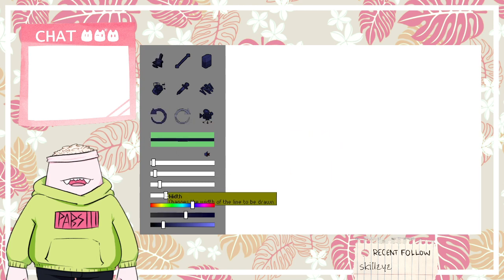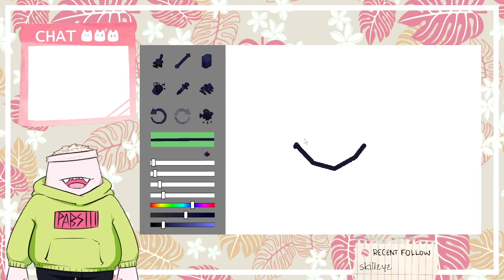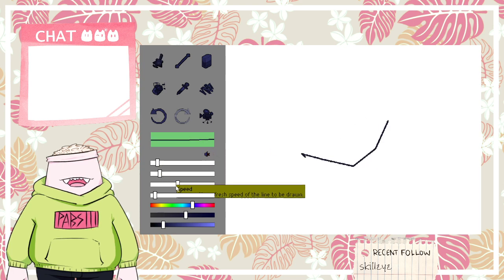So I think first things first, we gotta figure out a good width for our line. I think less wide than that. Okay, I think that might be a good width for us. Speed, bring that up a little bit. Intensity a little bit too. Okay, that's kind of weird.